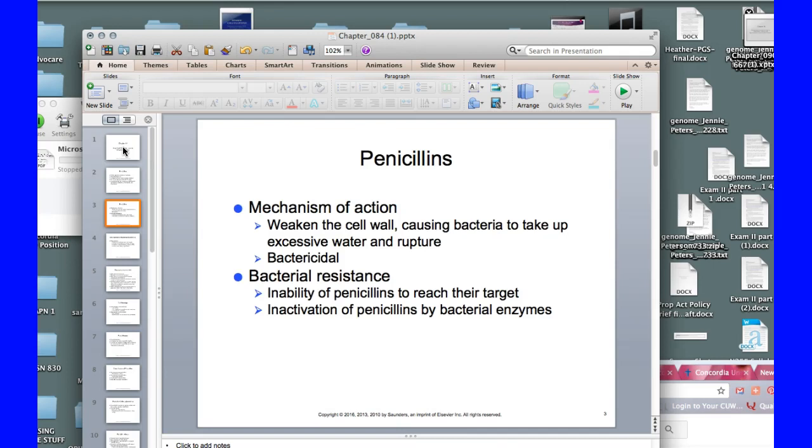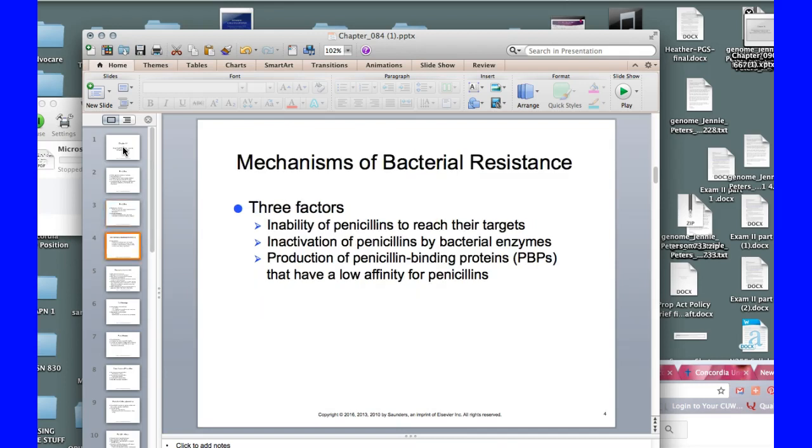There are some penicillins that can treat some gram-negative now, and that's your Augmentin, as well as some other ones we'll talk about. But think strongly that penicillins treat a lot of gram-positive bacteria.